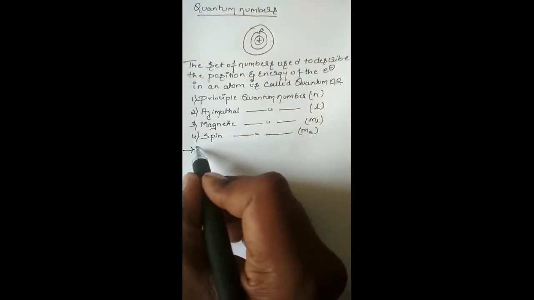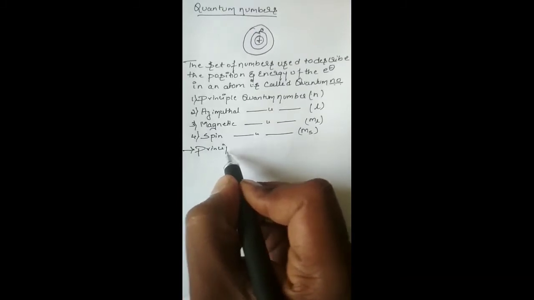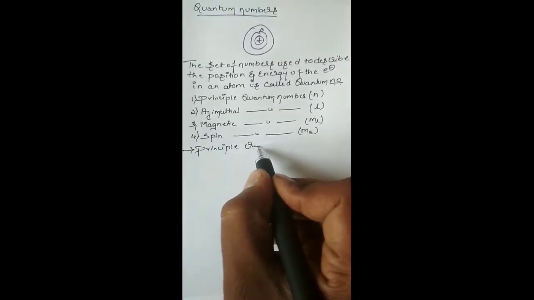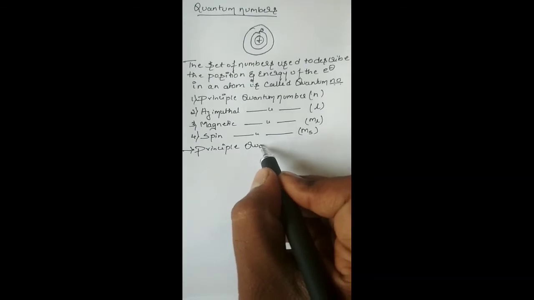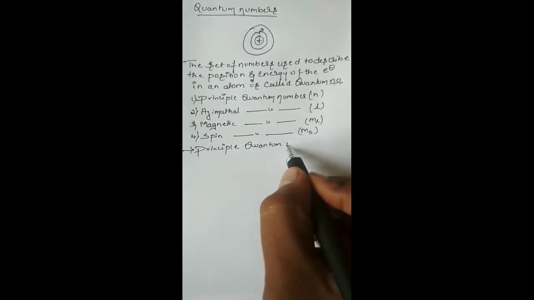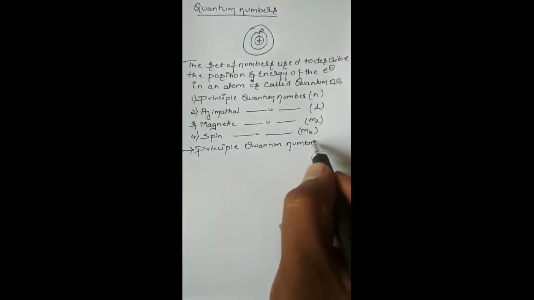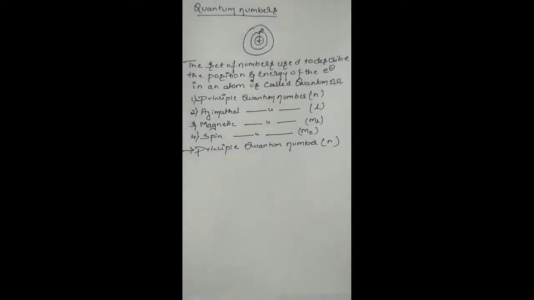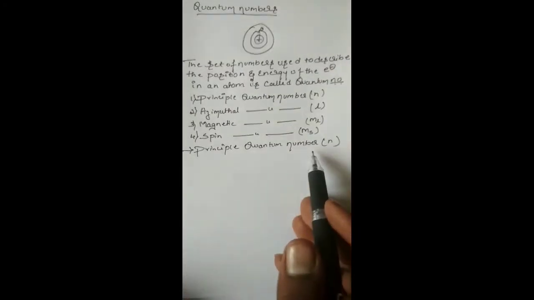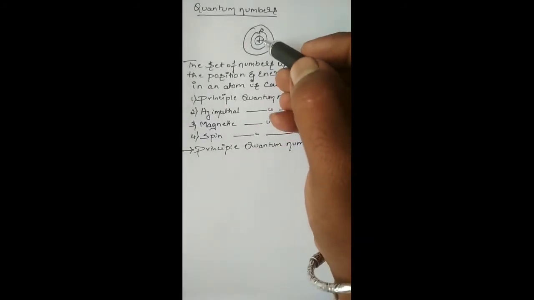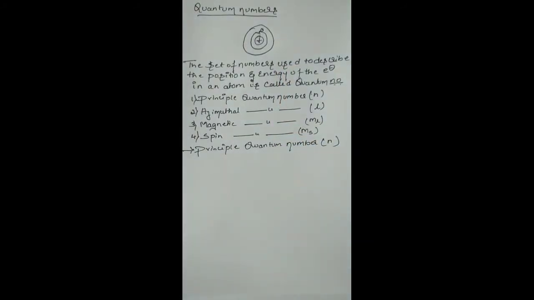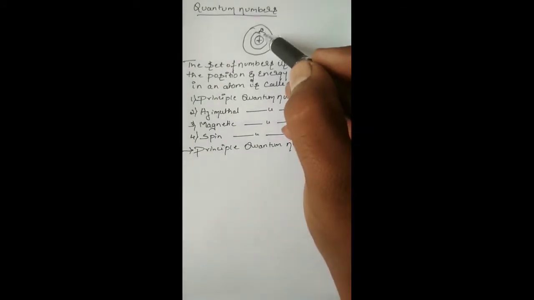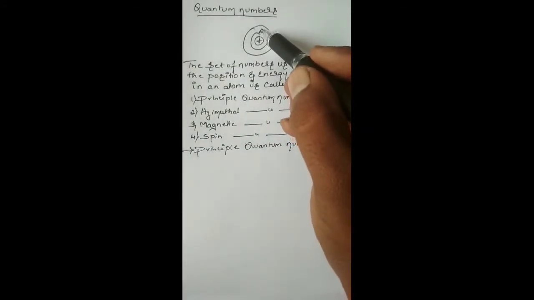First we are going to study the principal quantum number, denoted as small n. What does it explain? The principal quantum number explains the energy of the electrons in the orbitals.